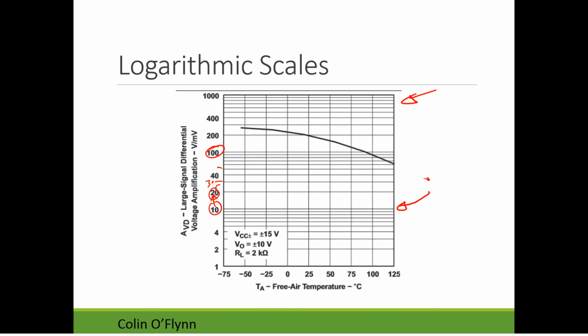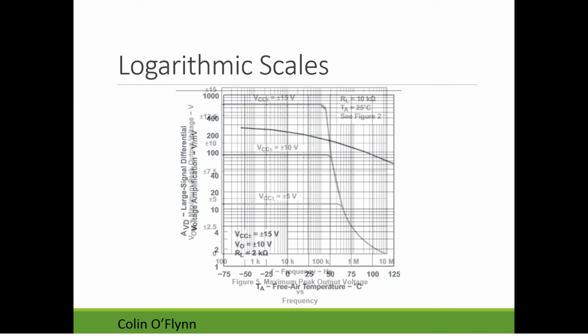So it goes 100, 200, 300, 400, 500, etc. You just have to be familiar with the logarithmic scale, being able to recognize it, because it's in almost all the data sheets. They don't say anywhere explicitly what this is, but you should be very familiar with recognizing the decade progression and what the increments look like on the logarithmic scale.